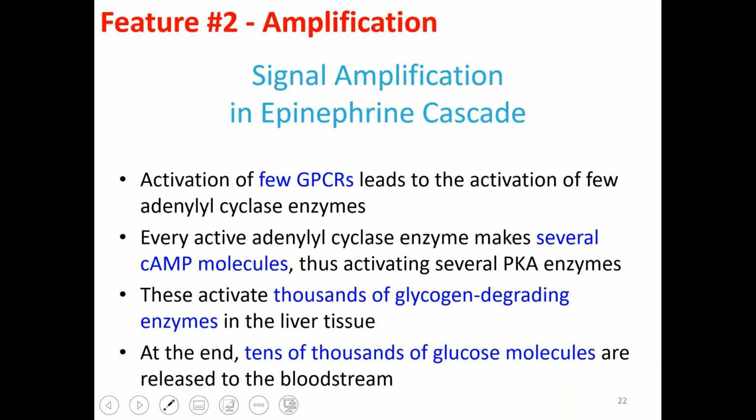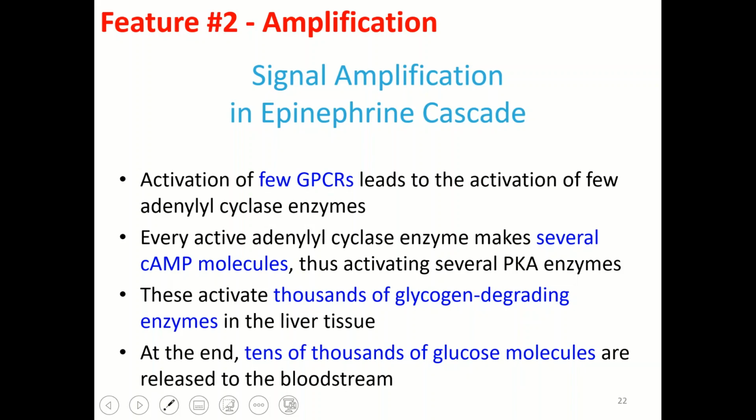A few of these G protein coupled receptors lead to the activation of a few adenylyl cyclase enzymes. Every active adenylyl cyclase enzyme makes several cyclic AMP molecules, and then those cyclic AMP activate several PKA enzymes, and this is where it really gets amplified.